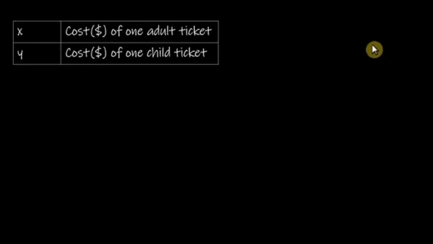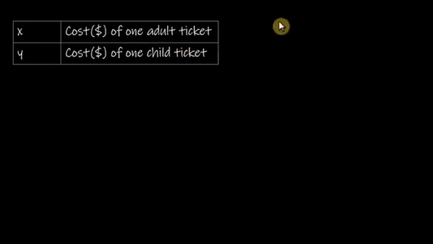The first statement is that if we are to take the cost of an adult ticket as x and the cost of a child ticket as y, then we're given two statements. We're given first that 2 adult tickets plus 3 child tickets would be equal to 43. So we could write an equation describing that situation.